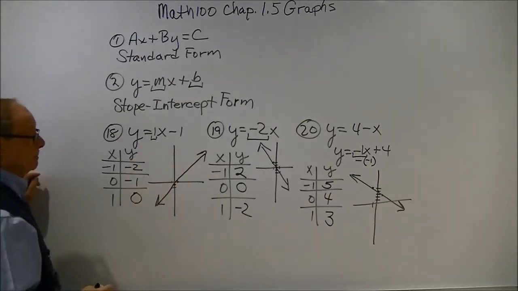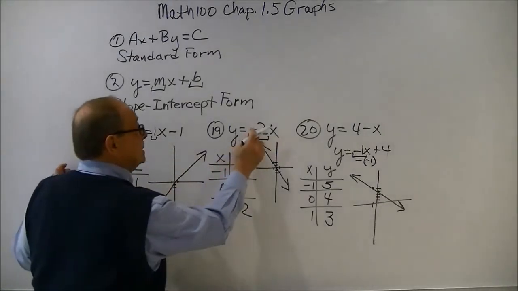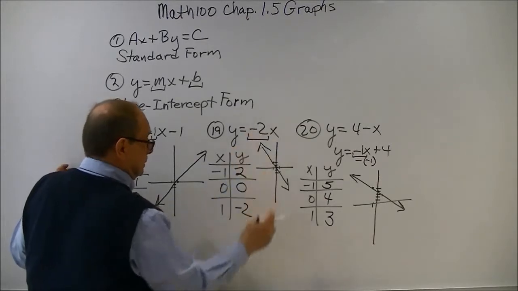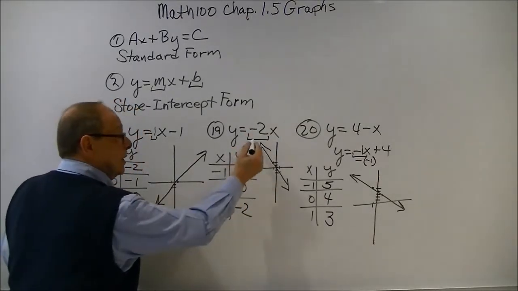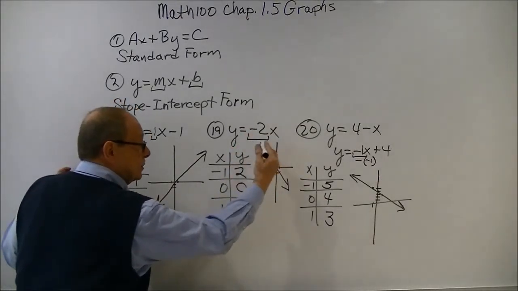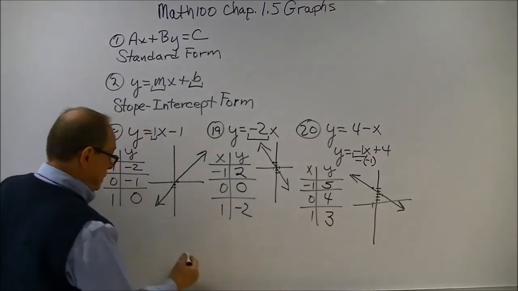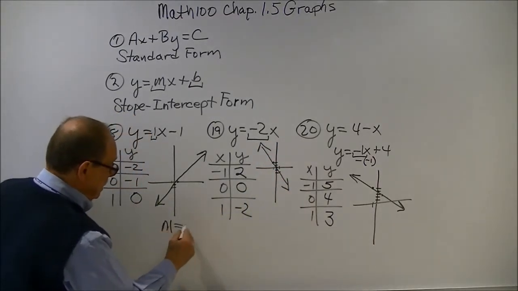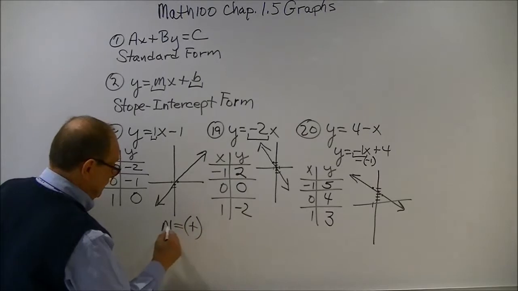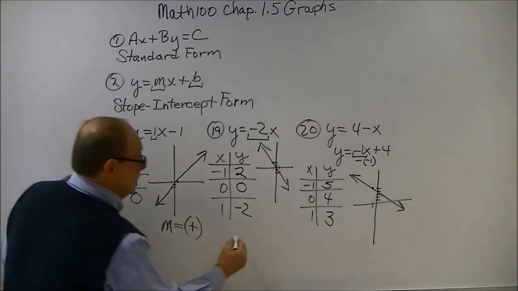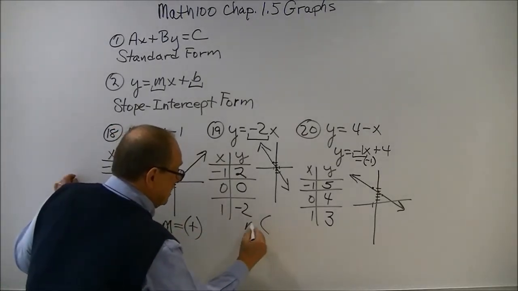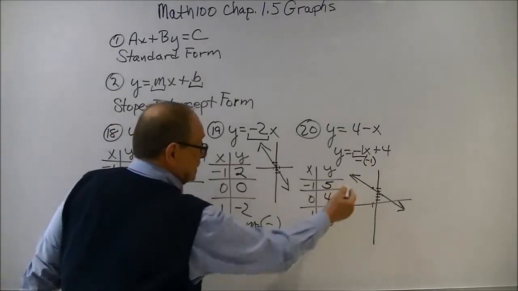And that checks out. Here the slope is negative. So for negative slopes, the line starts high, and as you go to the right, goes down. So here the m is positive. M is slope. Here, m is negative. And there it's negative again.